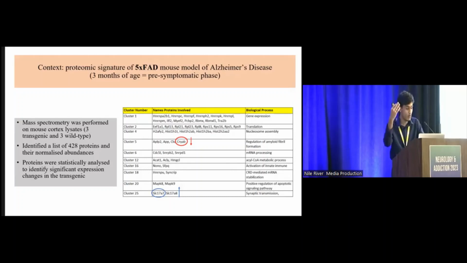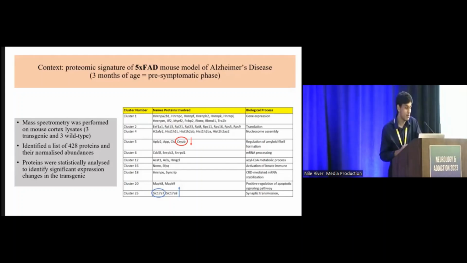There were quite a few clusters, as you can see, almost 25 of them. But from the 25 clusters, we couldn't look at every single protein, so we had to look at specific proteins that we thought were relevant in Alzheimer's disease.